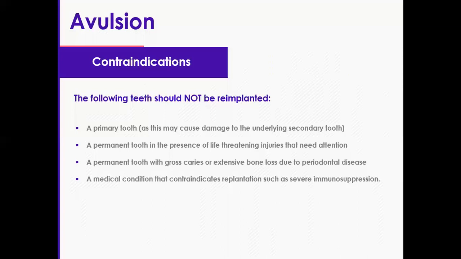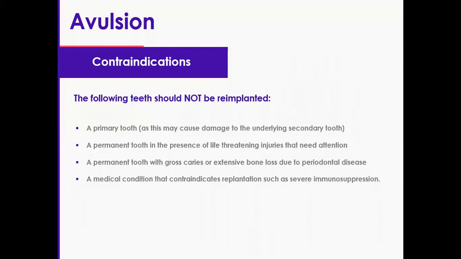Now, when shouldn't you replant? One, we already discussed it, primary teeth is a big no-no. Do not replant primary teeth. Two, permanent teeth, when you've got some other serious life-threatening injury. So you're not going to spend time on teeth when the patient has got a life-threatening injury.